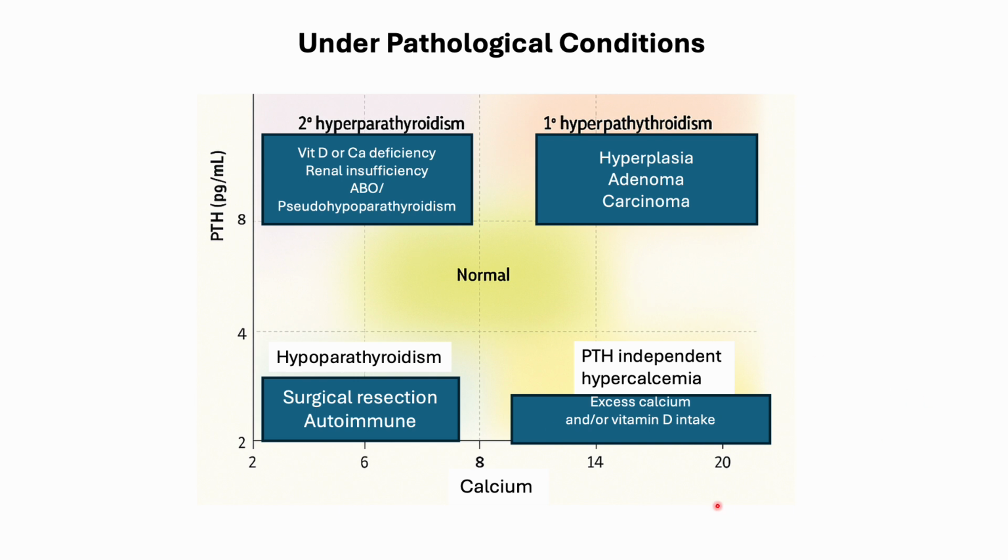Moving over to the bottom right corner, we have PTH-independent hypercalcemia. In these scenarios, something like a malignancy or vitamin D toxicity can appropriately suppress PTH, leading to low PTH levels while still having a high calcium level.